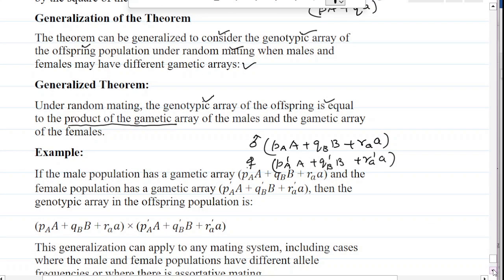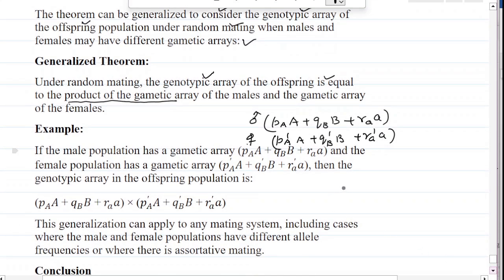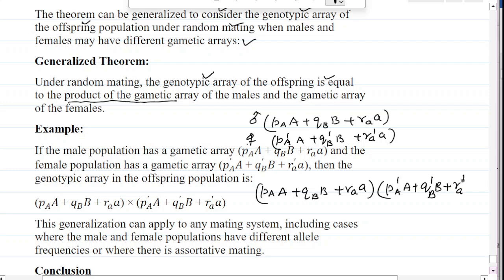Then the genotypic array of offspring can be obtained by just multiplying this (pAA plus qBB plus rAA) with the gametic array of female (pA'A plus qB'B plus rA'A).